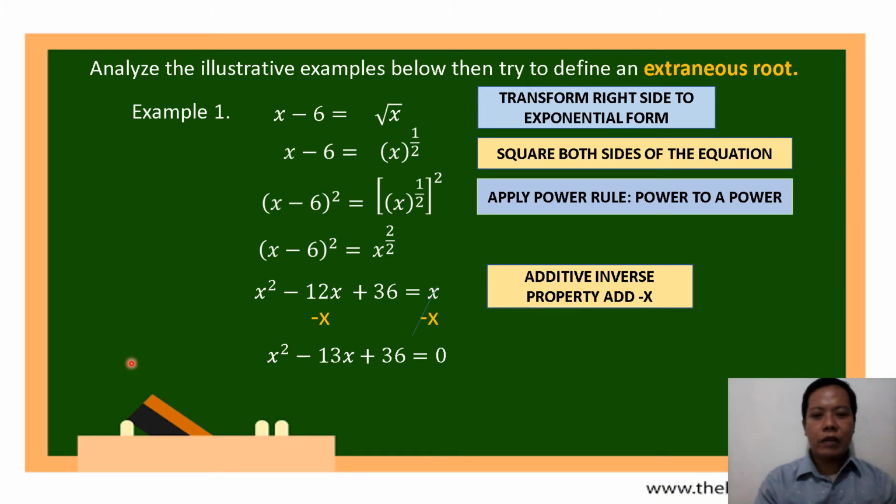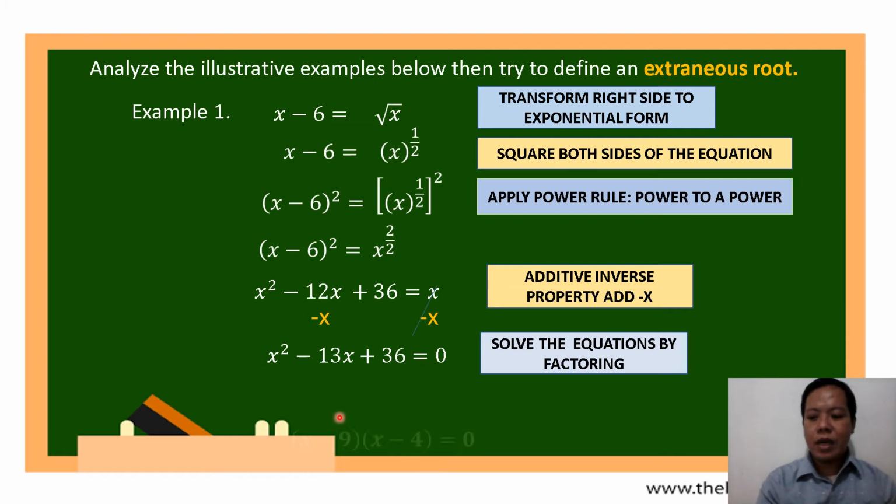Using factoring for this trinomial, we solve the equation by factoring. Then we have the quantity x minus 9 multiplied by the quantity x minus 4 is equal to 0.